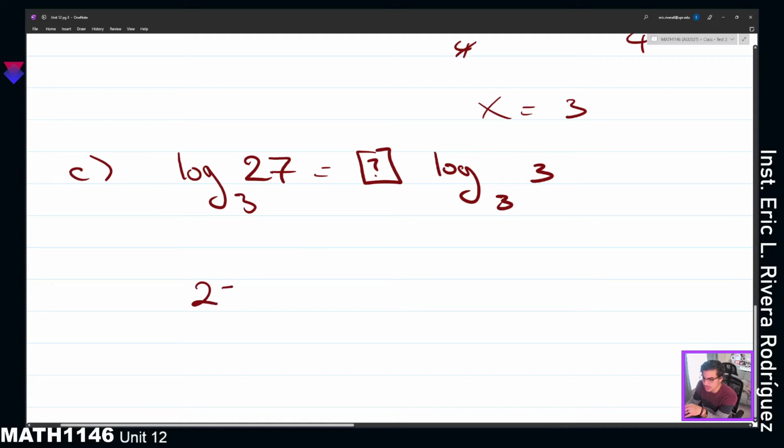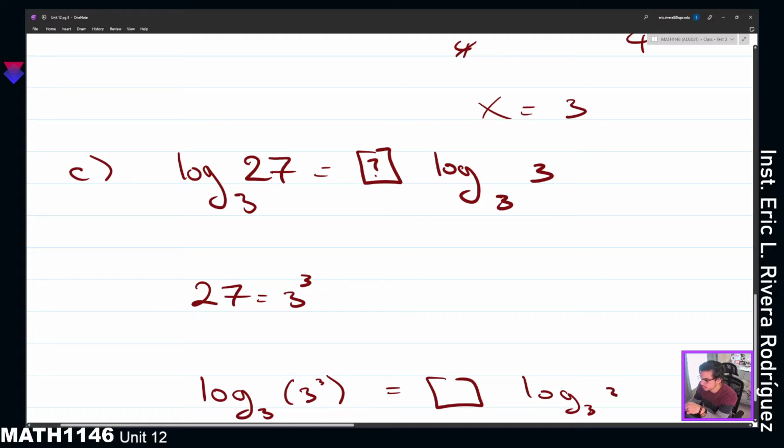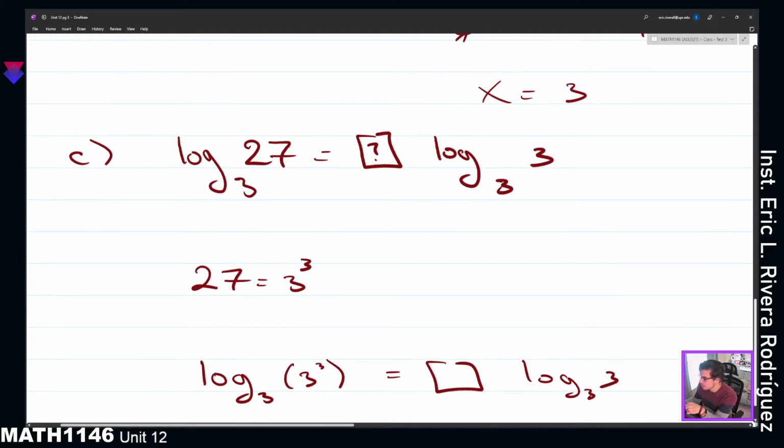27, we know that 27 is equal to 3 to the power of 3. So if I substitute 27 with 3 cubed on the left side, okay, we are almost there.